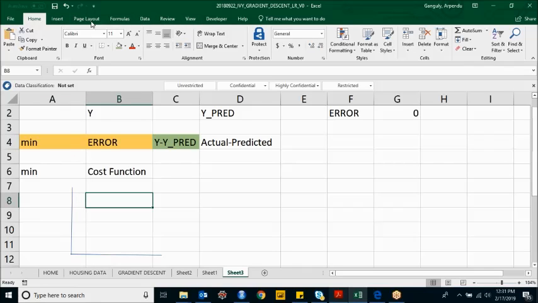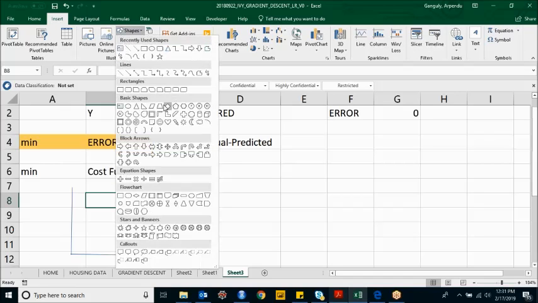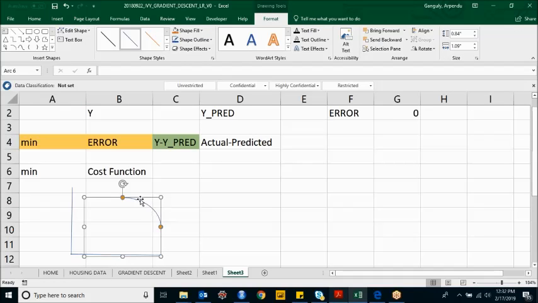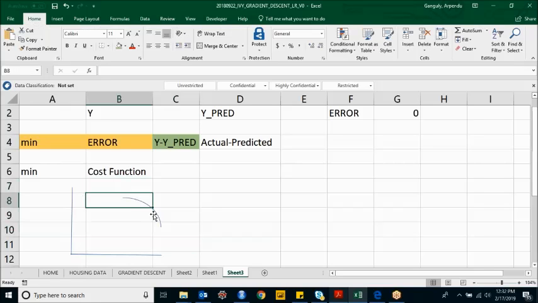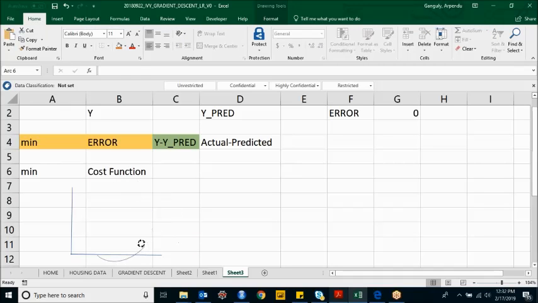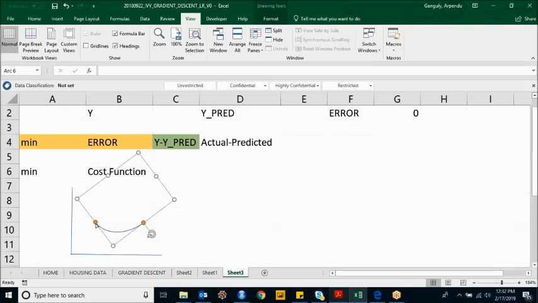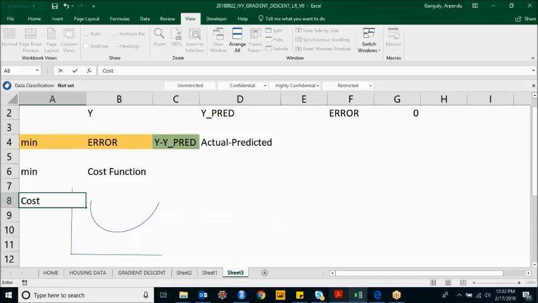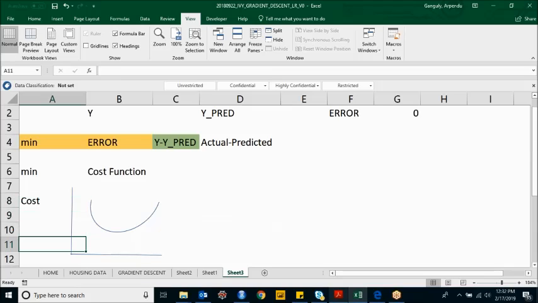Let's say your error. And this is the number of iterations.